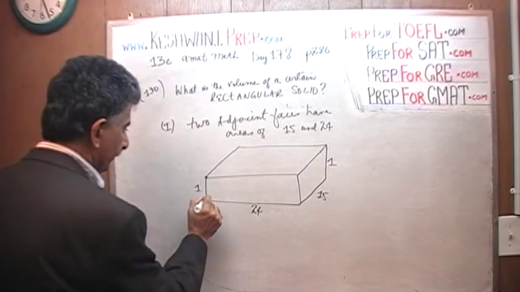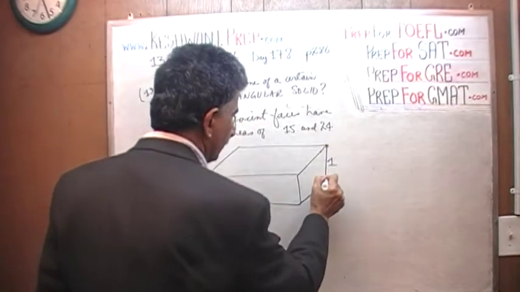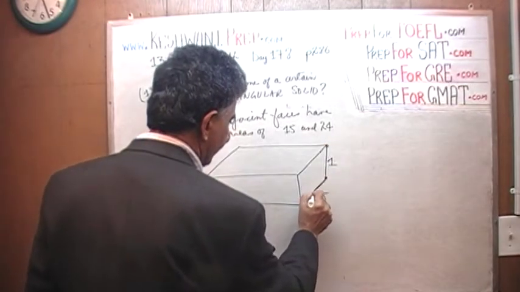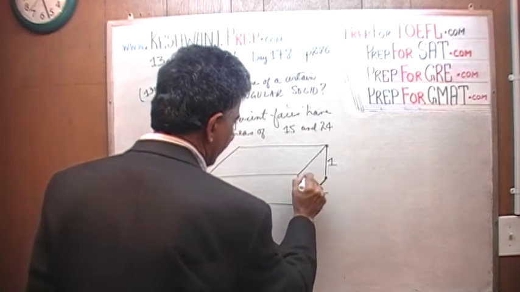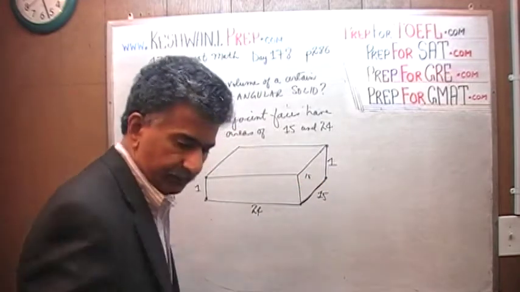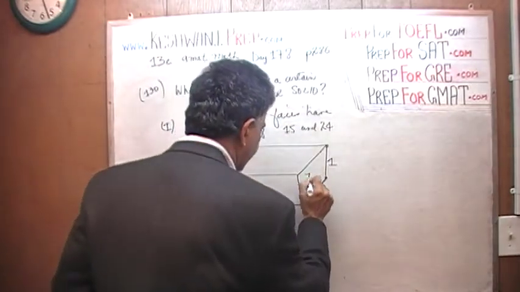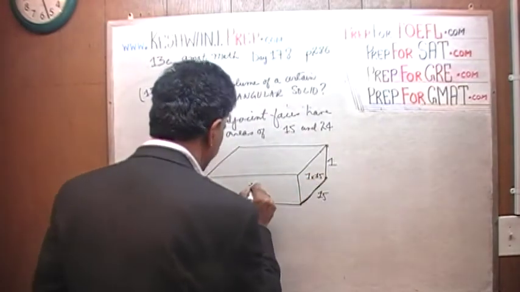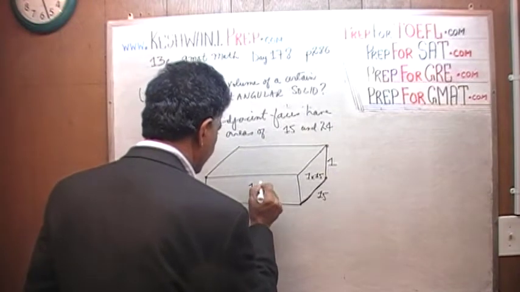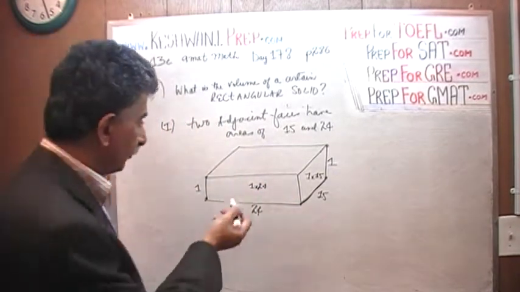From here to here is 1, therefore from here to here is also 1, and this is 1 by 15, this is 1 by 15, and this is 1 by 24. So we have two adjacent faces with the areas of 24 and 15.